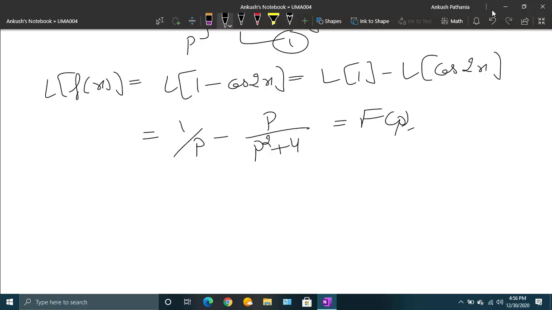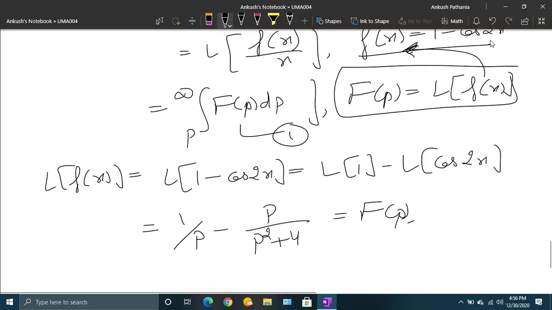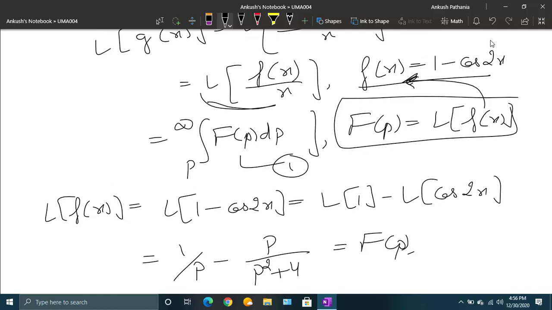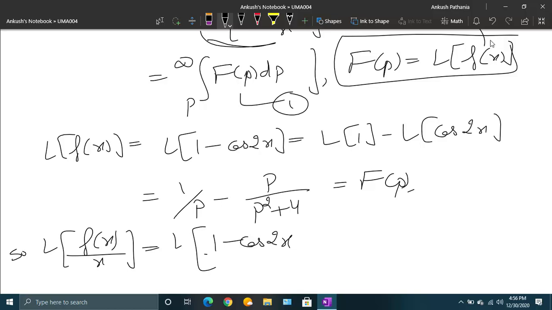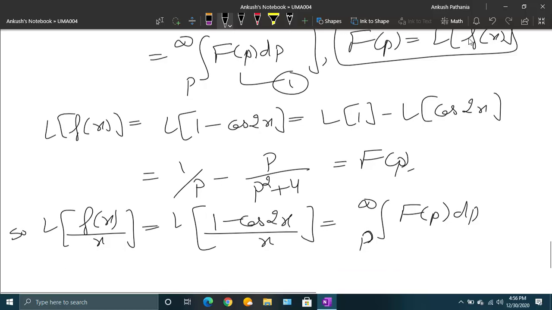Now property 3 says once you get Fp, the Laplace of fx upon x that is being asked in this question, that is Laplace of 1 minus cos 2x upon x, we have found equals, by formula, the integral p to infinity of Fp dp, by using property number 3 as in equation number 1 above.